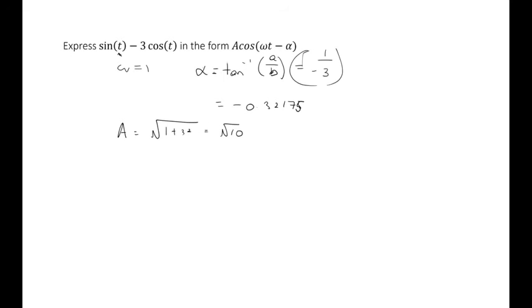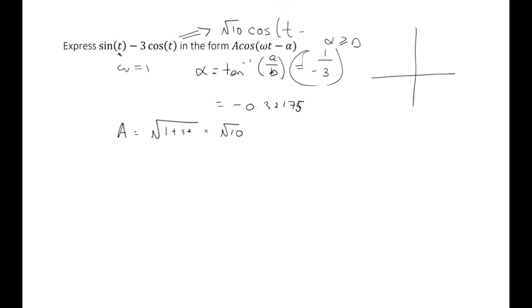So our original one then can be rewritten in the format root 10 cos t minus, now we've got a negative angle, and probably the question would have said that alpha is greater than or equal to 0. So we just need to make this then into the appropriate positive number. What we've got is a thing that's now in the second quadrant.